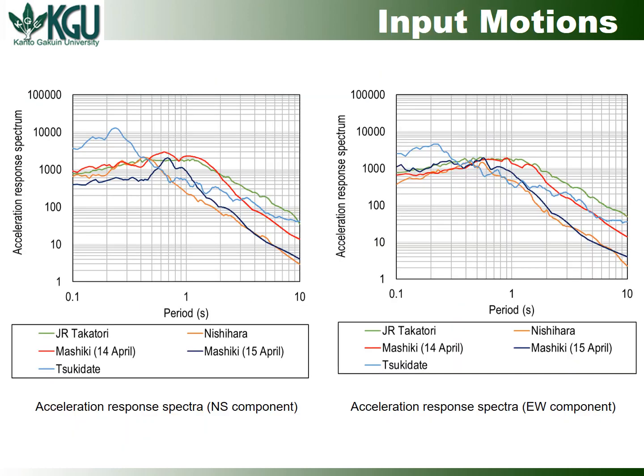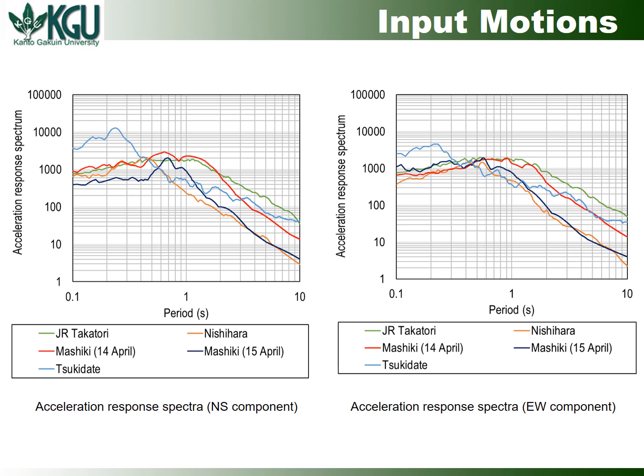In order to consider the uncertainty in the input ground motions, we consider a total of 12 observed earthquake records, including 6 NS components and 6 EW components. These two figures show the acceleration response spectra of these earthquake records.